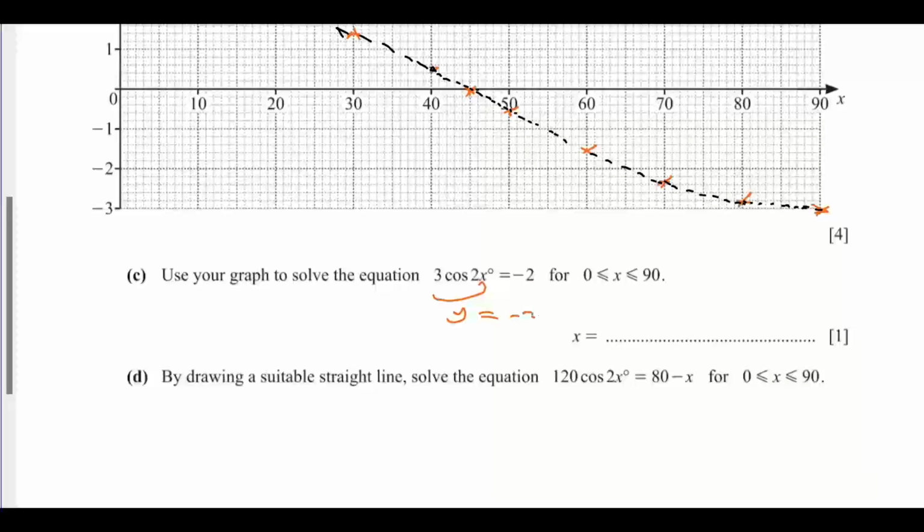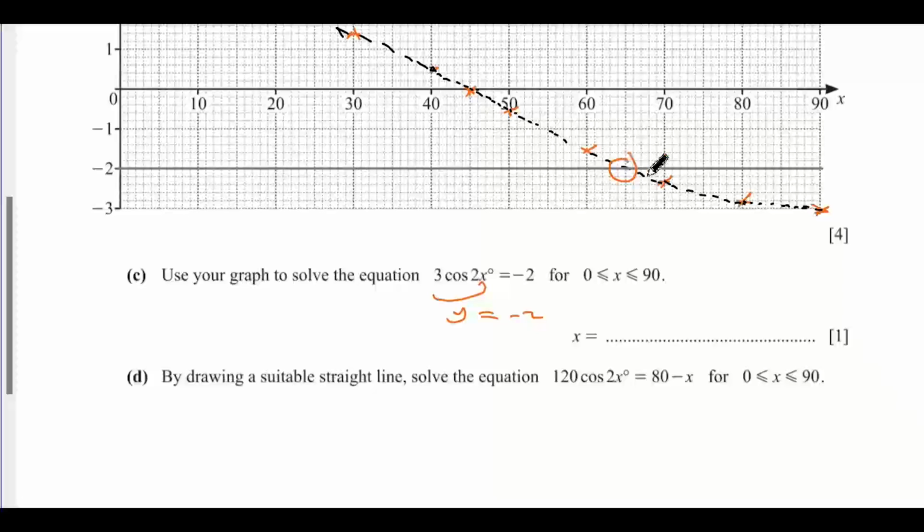If you draw y equals negative 2 from here, this is y equals negative 2. So y equals negative 2 will be this line here. Good. So the solution is where it touches the curve, and it is this point here.